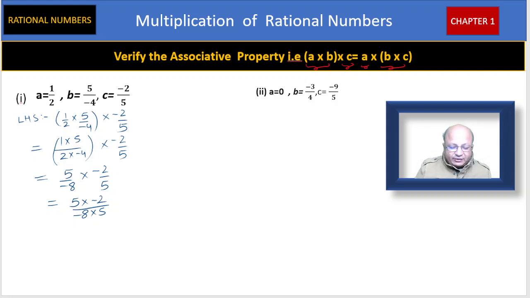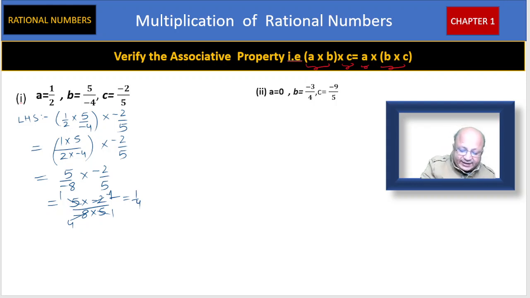The common factor between 5 and 5 is 5. So 5 will be reduced to 1 and denominator will be also reduced to 1. So common factor between minus 2 and minus 8 is minus 2. So minus 2 divided by minus 2 is 1 and minus 8 divided by minus 2 is 4. So the result will be 1 upon 4.